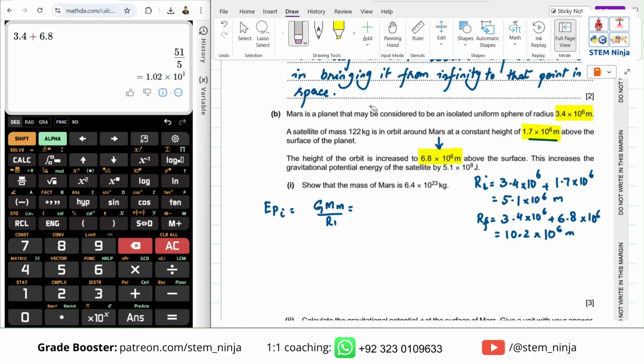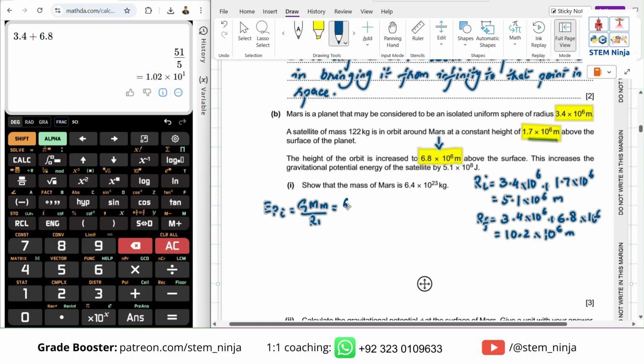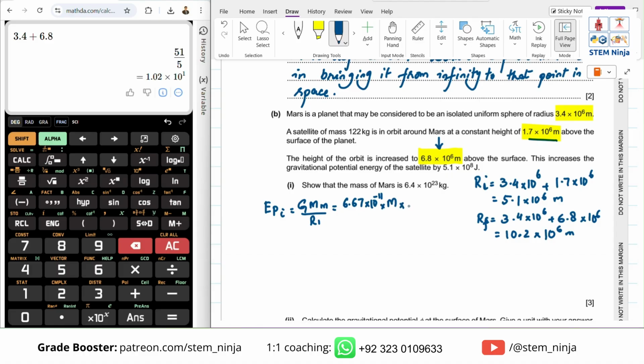Okay. So GMm, for G we know the G value, right? So G is 6.67 × 10^-11. M is unknown. Small m, which is the mass of the satellite, is known, 122, and this is over 5.1 × 10^6.